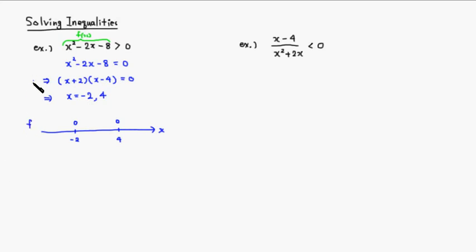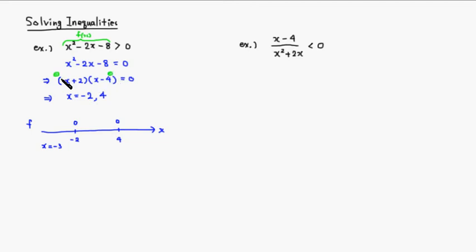Then we're going to use a sample point on each interval. You have an interval here, the middle interval here, and an interval there. So anything less than negative 2 works; I'll try negative 3. If you plug in negative 3, the factor x plus 2 is negative, and negative 3 minus 4 is still negative.